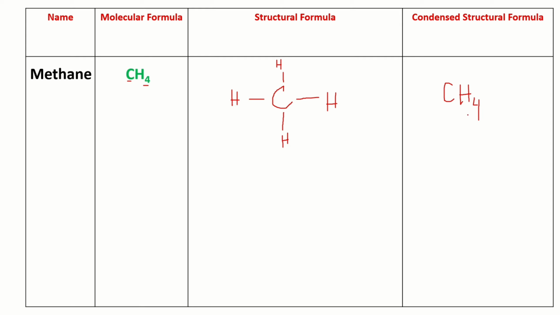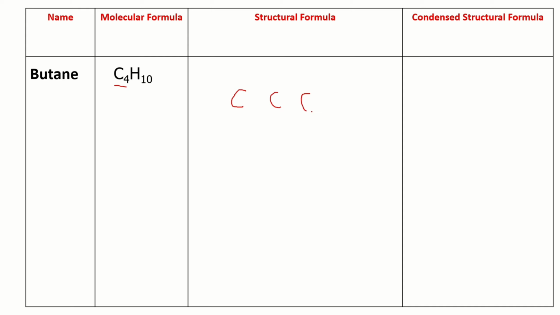Another example, we got butane. For structural formula, we have 4 carbon atoms. 2, 3, 4. Draw single bonds. Okay, and how many hydrogen atoms?